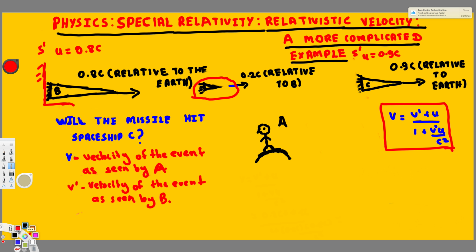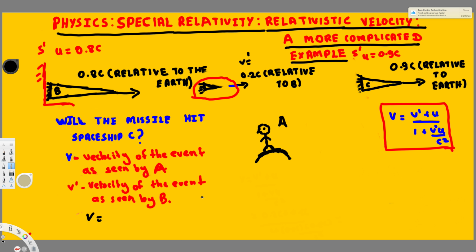Now let's go ahead and do the calculation. So here we are going to use the Lorentz velocity transformation equation. V is equal to V prime plus U over 1 plus V prime U over c squared. V prime is the velocity of the event as seen by B, that is 0.2 c, that's provided.